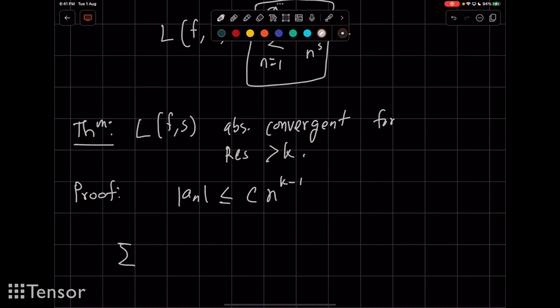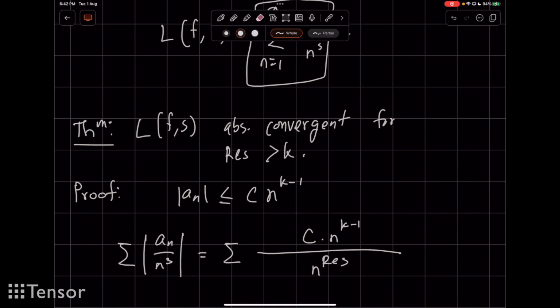What is the sum of the absolute value of a_n over n to the s? The absolute value of n to the s is equal to n to the real part of s. So a_n gives a constant and n to the k minus 1, and this gives n to the real part of s, and it's not an equality.